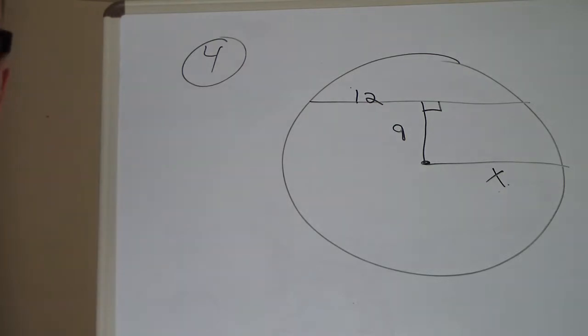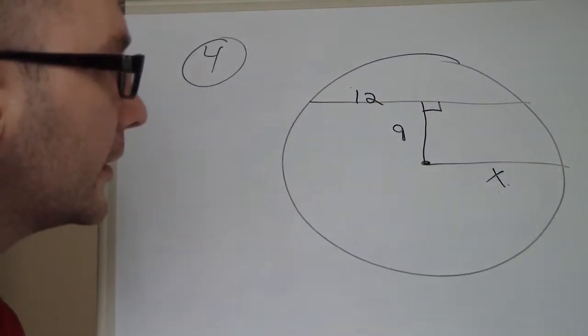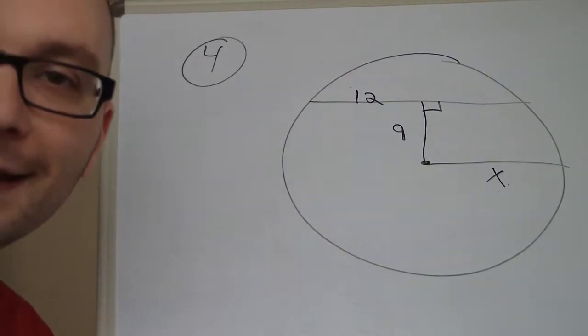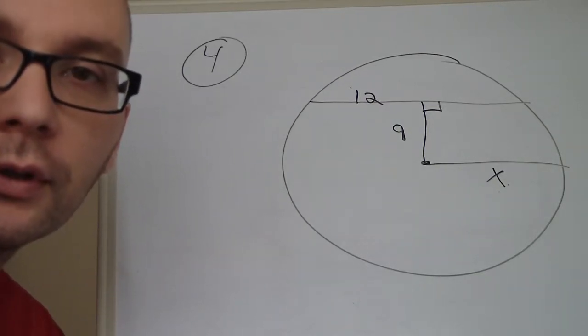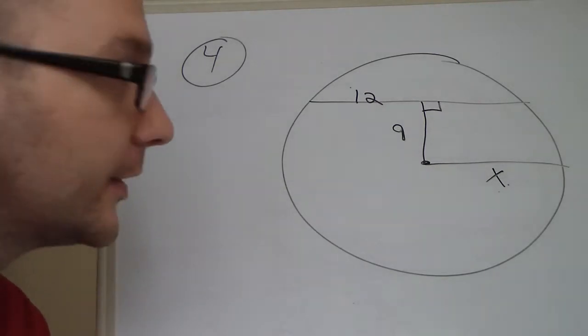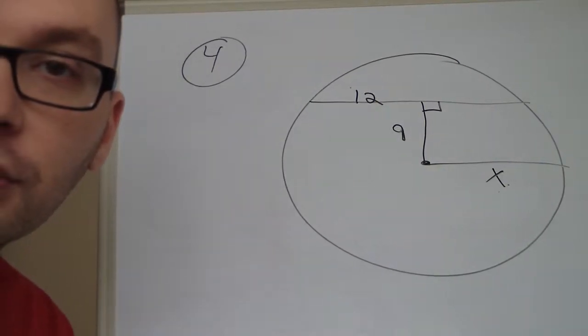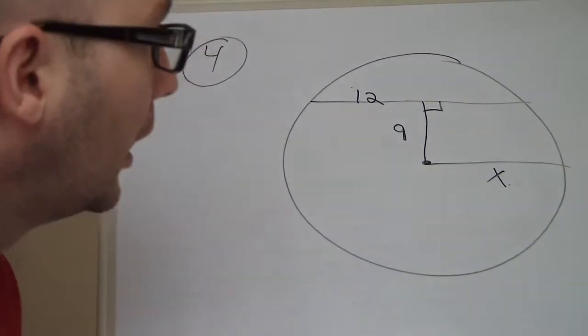There's a couple things going on here. There's a theorem that says that the perpendicular to a secant of a circle is also the bisector of the secant. It goes back to a theorem that is involved in isosceles triangles.